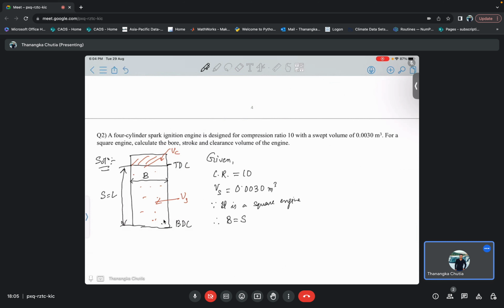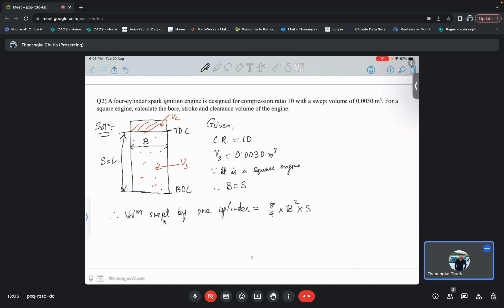Now remember, this is the swept volume of a 4-cylinder engine. Therefore, volume swept by 1 cylinder will be equal to pi by 4 times diameter square into the stroke length.